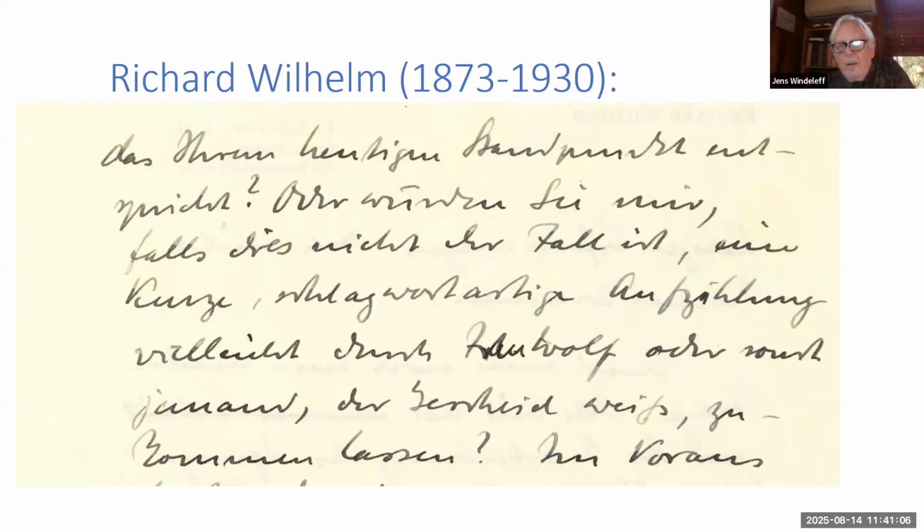He came with a book called The Secret of the Golden Flower, something like that. It was a Chinese book about the golden flower, a sort of meditation technique. And Jung recognized that it was practically identical with the alchemical procedures.